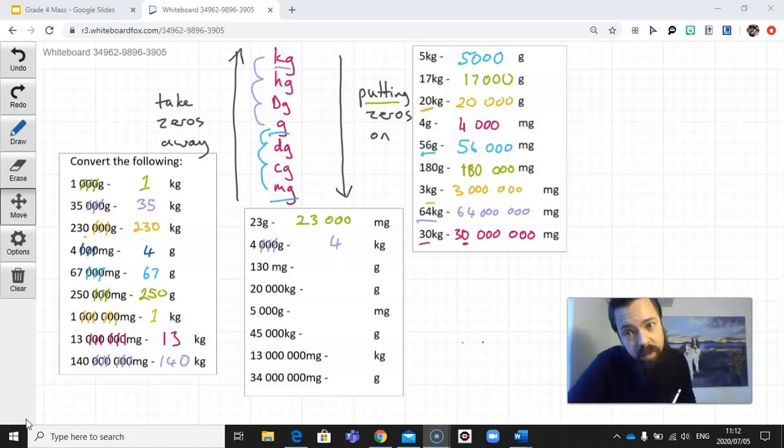I actually put this one in by mistake, but let me show you. We needed to take away 3 zeros, but we've only got 1 that we can take away, so we take away that one. Now instead of taking away the other 2 numbers, we put a comma in front of it, and then we move the comma in front of the second one. So we actually get 0,130.